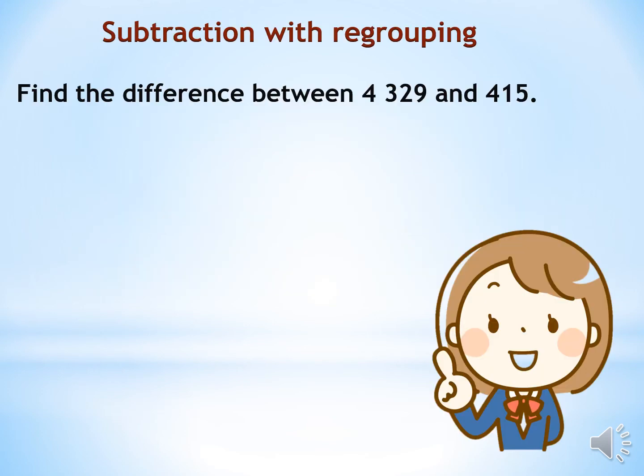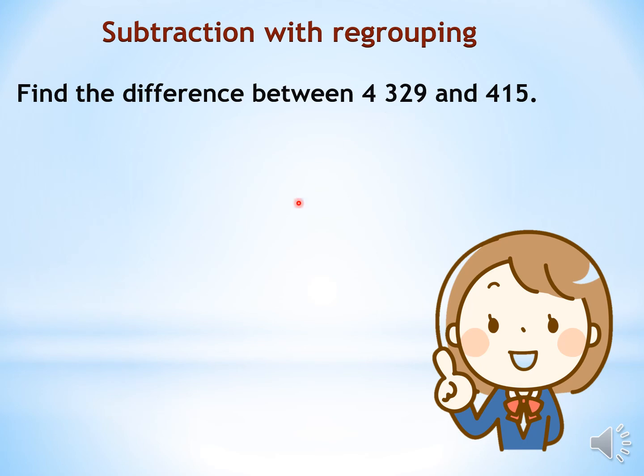Now, let's do a subtraction with regrouping. Okay, they are even. Two numbers have been given to get the difference between them. Tell me, children, which should be written firstly? Yes, we know that the greatest number should be written firstly. So, the greatest number between them is 4329.